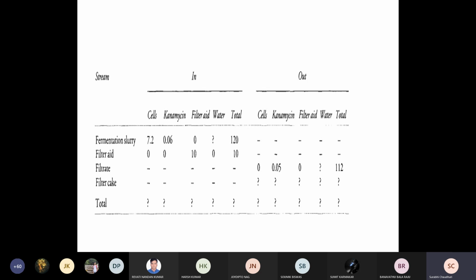And then kanamycin is 0.05% of 120. So that is 0.06. Filter aid is not present in slurry. That is 0. Water, how much we need to calculate. Total is our 120. For filter aid, no cell, no kanamycin, filter aid 10.